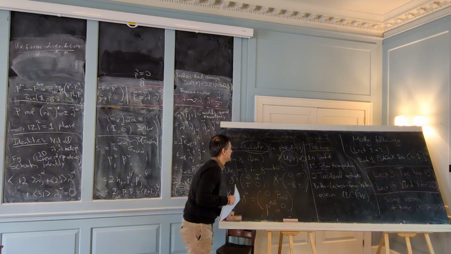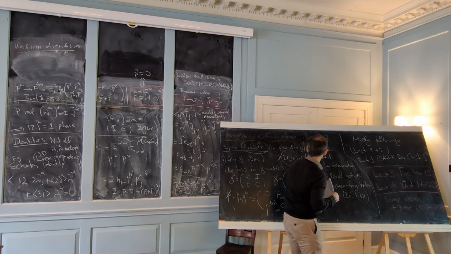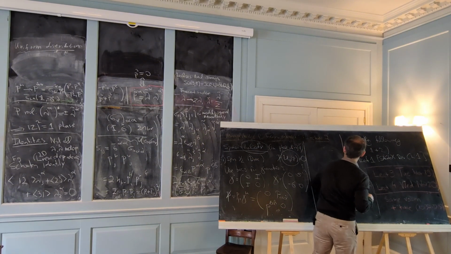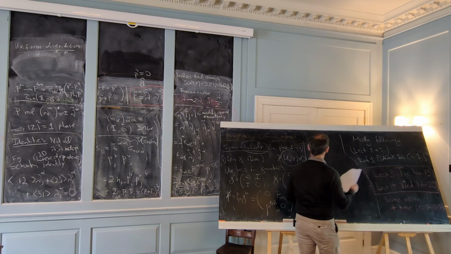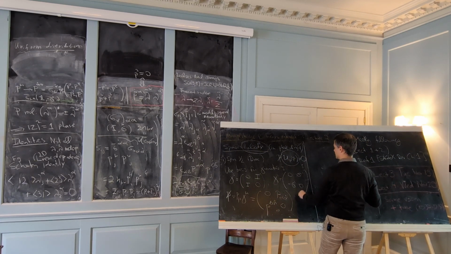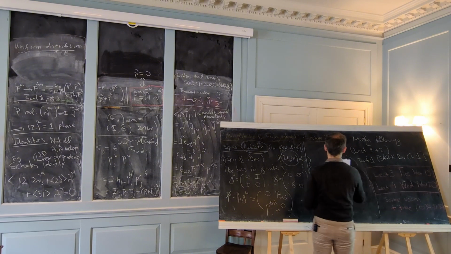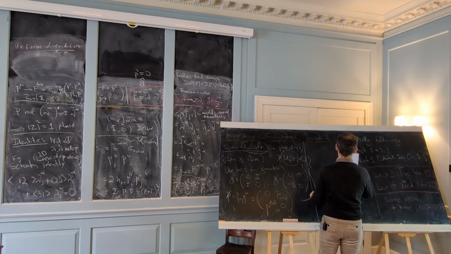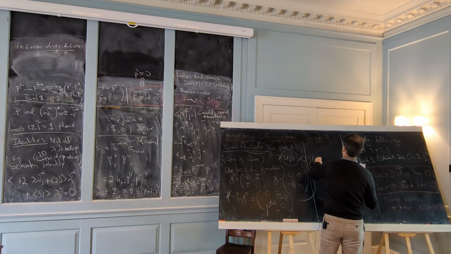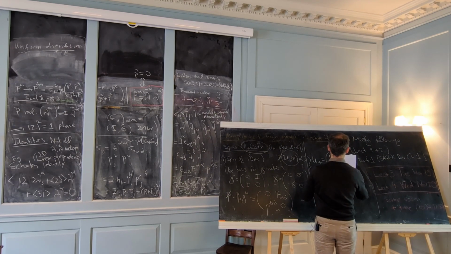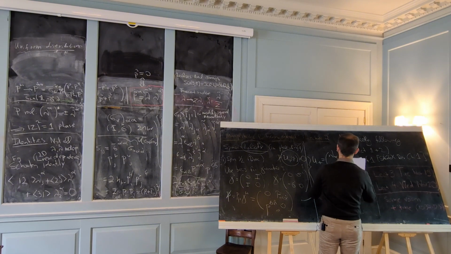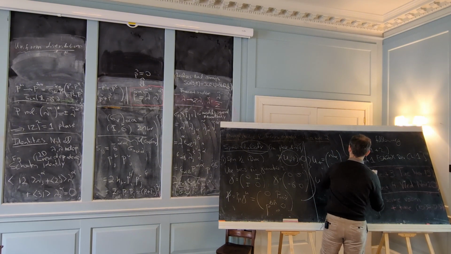I will take the liberty to add this over here. Just by these two equations, it seems that we can pick U plus to be lambda alpha, 0, and then U minus to be 0, lambda alpha tilde.